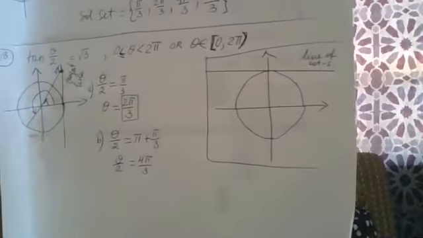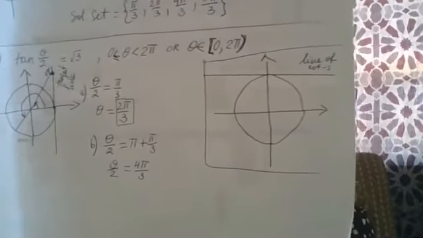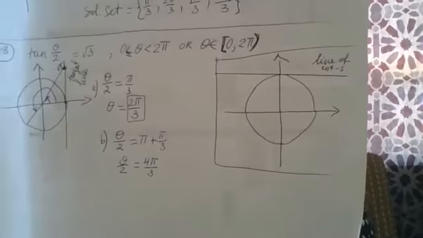Which means theta over 2 equals pi plus pi over 3, which will be 3 pi over 3 plus pi over 3, which is 4 pi over 3. But this is theta over 2, and I'm looking for theta. I will multiply both sides by 2 again.